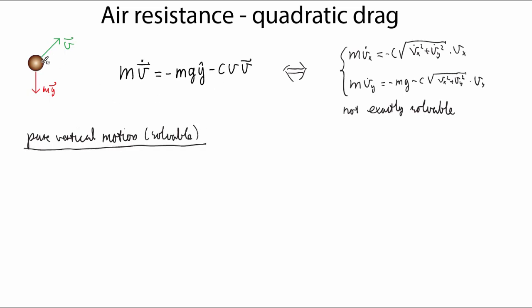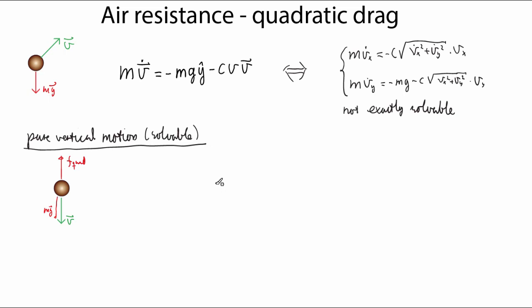So now the projectile doesn't look quite like that any longer. What we have now is just the projectile falling down with some velocity v. There's quadratic air drag in the opposite direction. And then we have mg going downwards here.